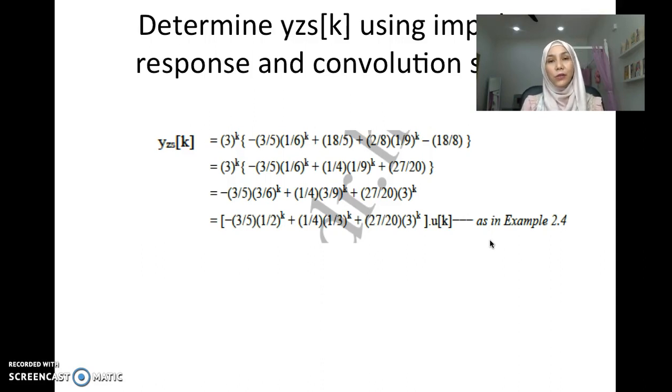Alright, so this is how to solve the zero state response using impulse response and convolution sum, and you need to refer to the closed form table. So first of all, you have to know what is the input of the system, and then you need to find the impulse response, then you can find the convolution sum.